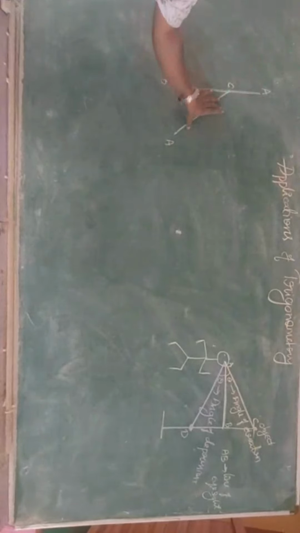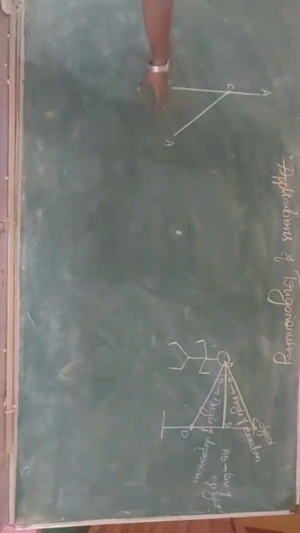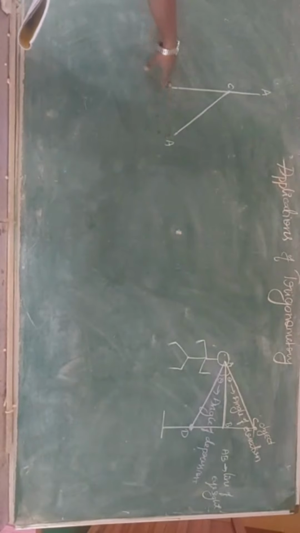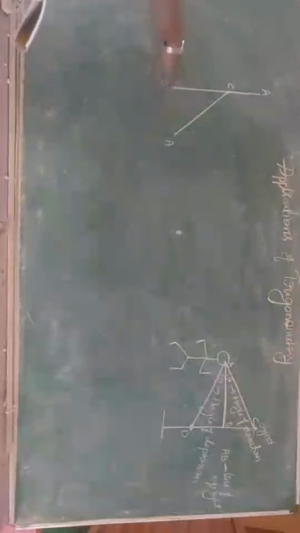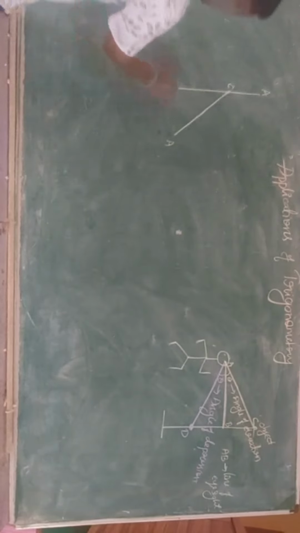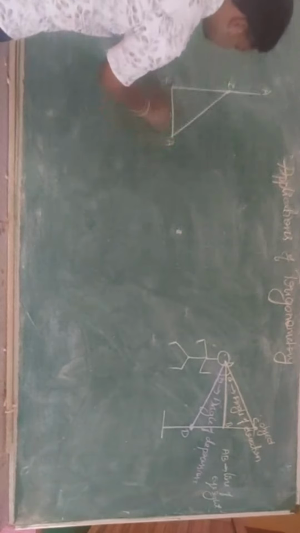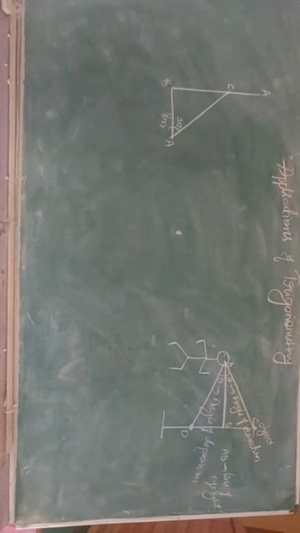This CA is equal to the broken part. The distance between the foot of the tree and the top of the tree is 8 meter, and it forms an angle of 30 degrees.